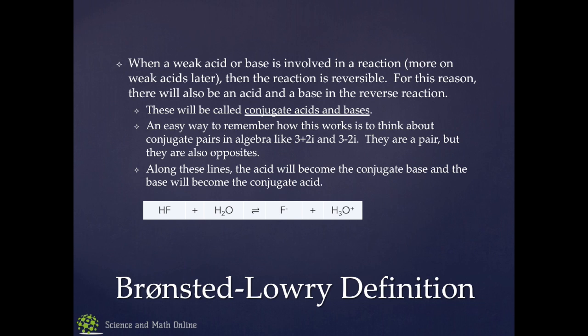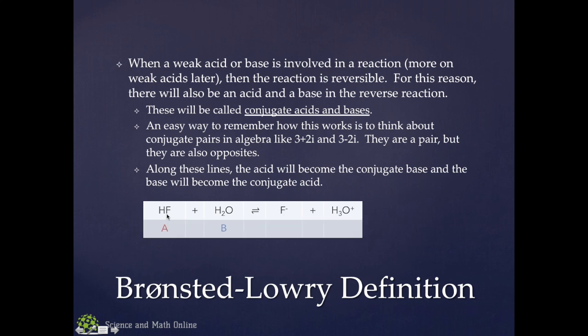Looking at this one, I've got a double arrow here showing that it's an equilibrium. Going this way, the HF loses, so it's the acid. And the H2O becomes hydronium, it gains, and it's the base. But if I look going backwards, it's the hydronium that loses to go back down to H2O, and it's the fluoride ion that gains to go back to being HF.